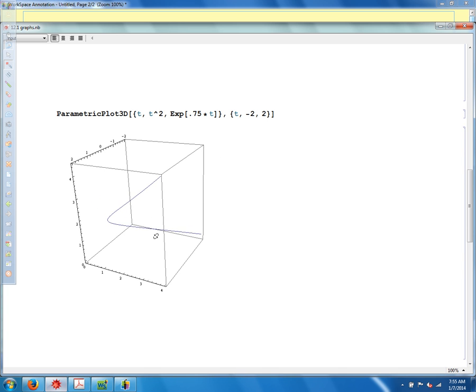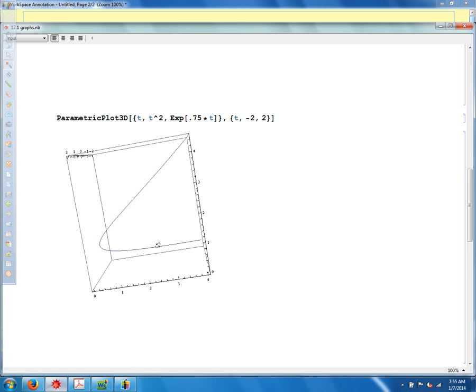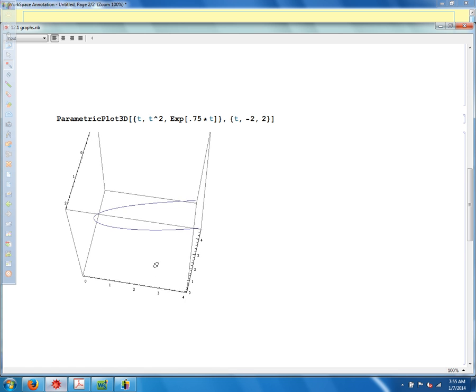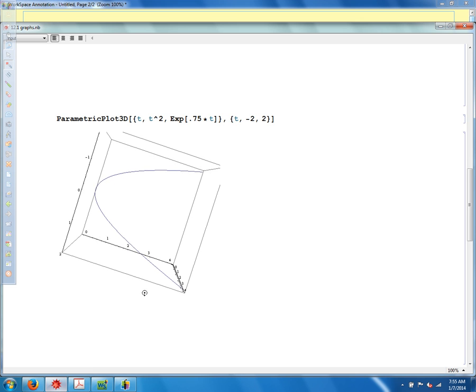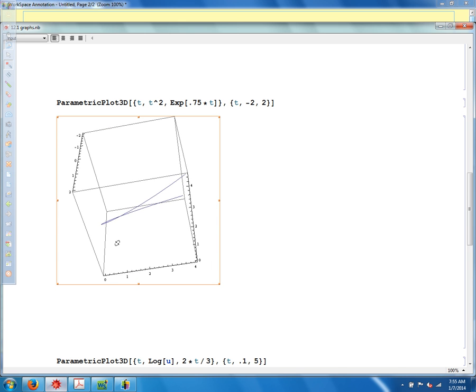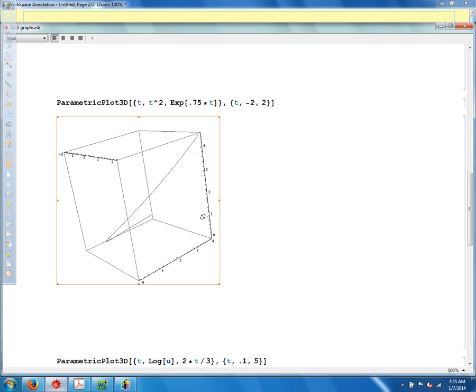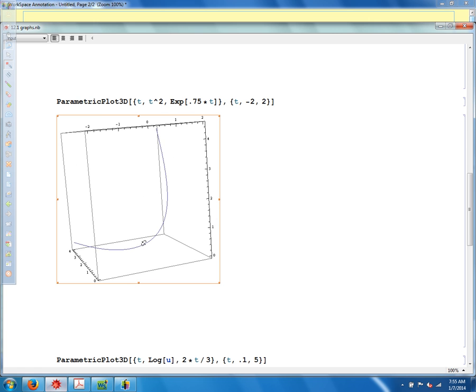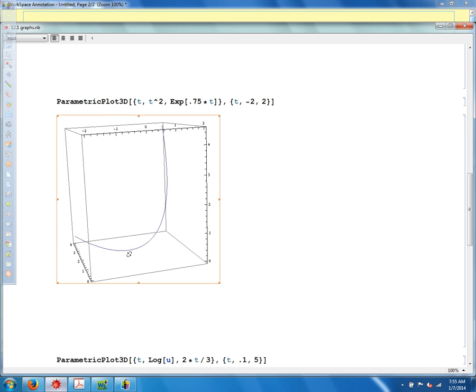Something like that is the way that it's drawn on the page. If we turn it here, look down on the xy plane, there's our parabola. And if we turn it this way, and I line it up just right, oops, what did I do?